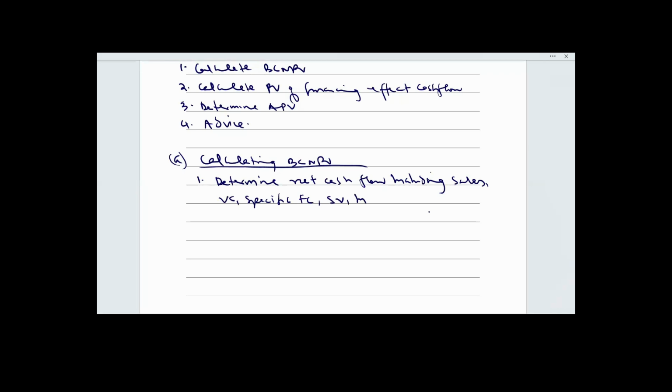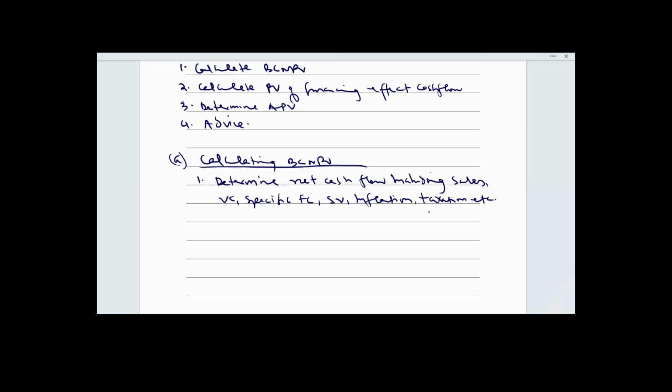In the question, there is inflation, there is taxation. So all those normal things you do, in fact, as far as the NPV is concerned, are the things you are going to do here as well. So when you are calculating your base case NPV, just know that you want to calculate the normal NPV.